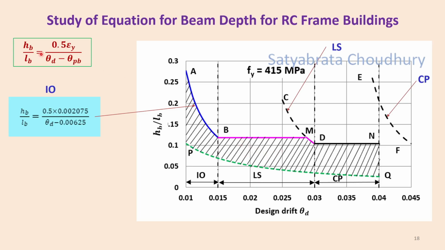One can say that I can select the beam depth from this equation directly. You can, but those logics come into the picture, no? The IO range, LS range, CP range, and the logic we have discussed on why this part is to be discarded, why that part is to be discarded. So considering all this practicality and intuition, we need to have this curve also in the design.